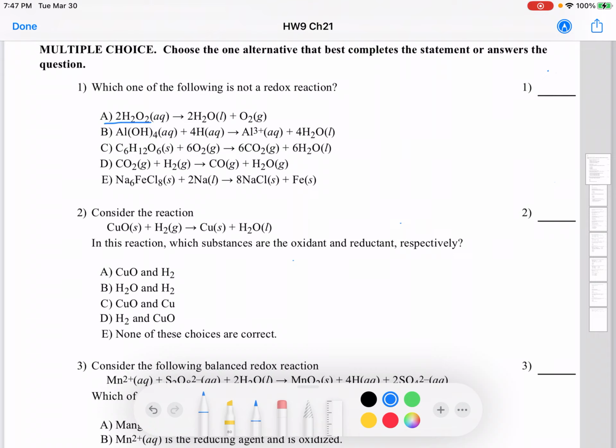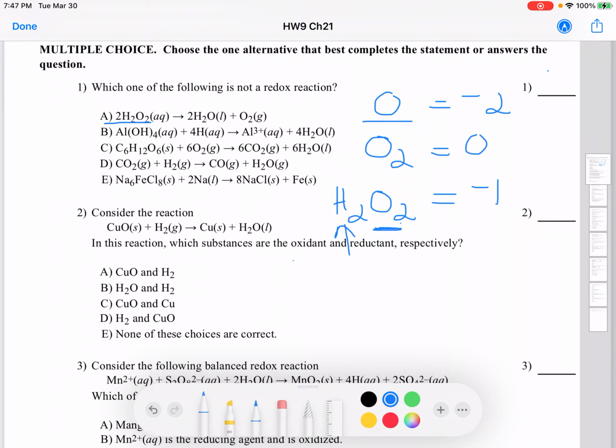Hydrogen peroxide, H2O2. Normally the oxidation number of oxygen in any compound is -2, and oxygen by itself, O2, would be 0. But in hydrogen peroxide, H2O2, the oxidation number of oxygen is -1, because hydrogen is +1.